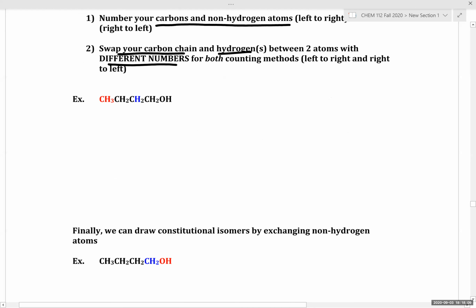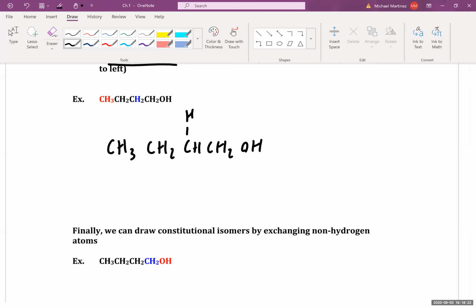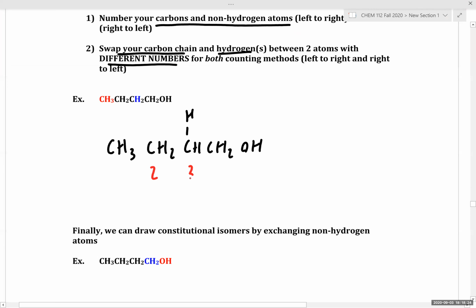For example, if we have CH3, CH2, CH2, CH2OH, and we number all of our atoms, 1, 2, 3, 4, 5, we can swap this methyl group with the hydrogen on carbon number 3.